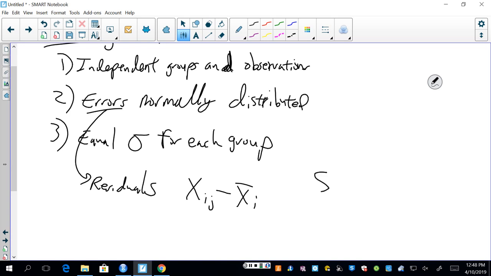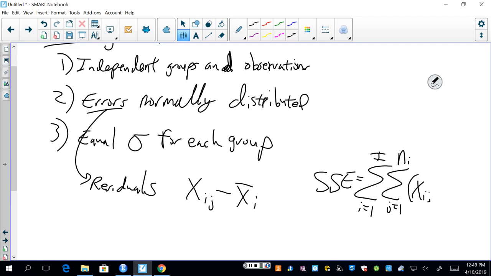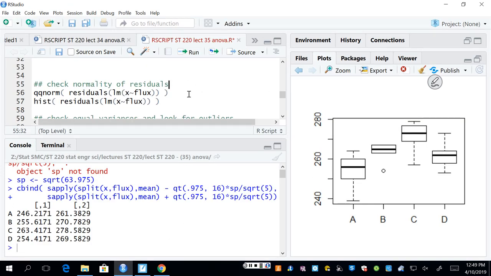The sum of squares error made use of that by adding over all the groups, and then over all the observations in that group, the x_ij minus x bar_i, squared. These are the residuals or errors, and we can look at those. If they look highly non-normal, if there's a massive outlier, then our confidence intervals and our p-values based on this normal model might not be such a great thing.